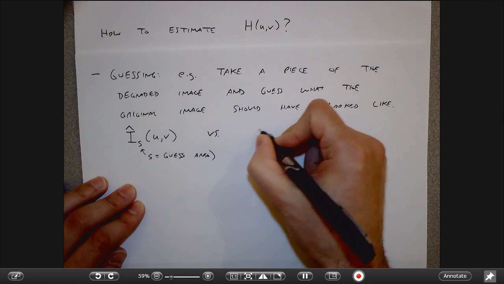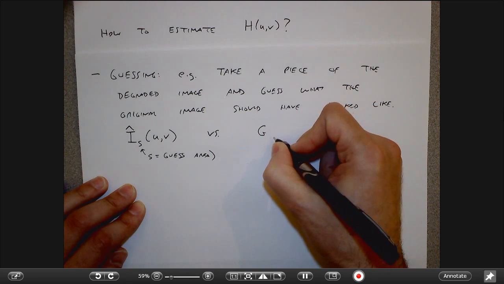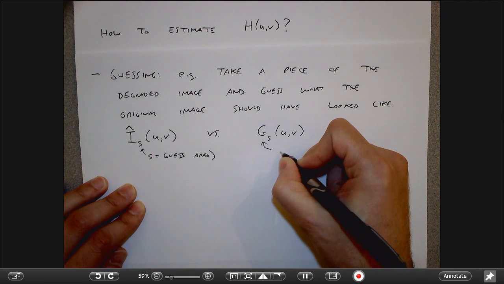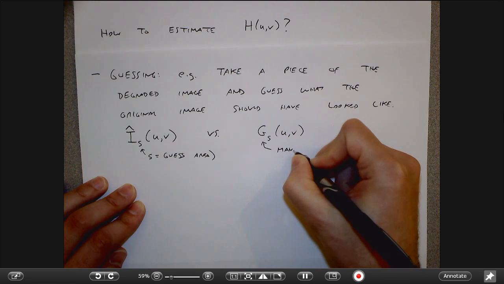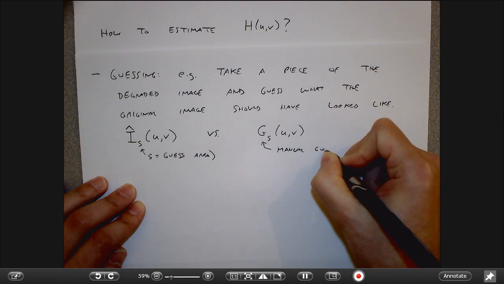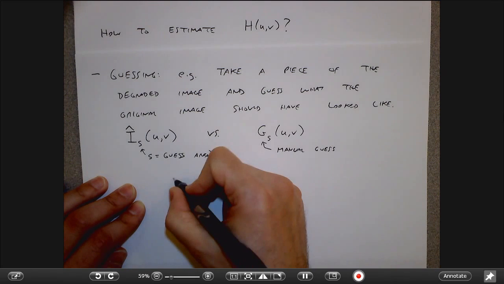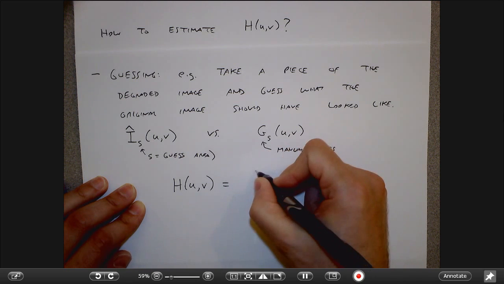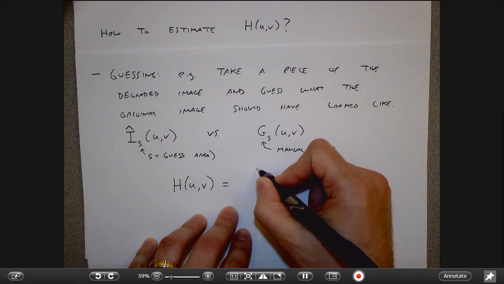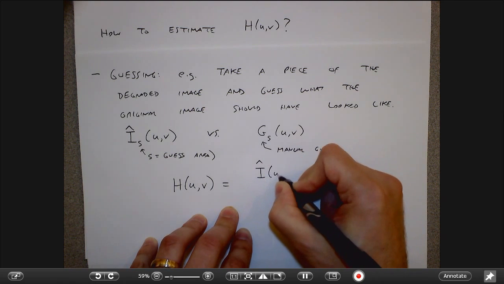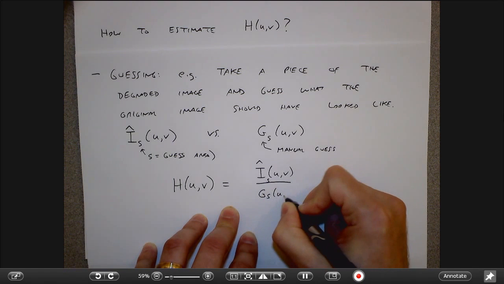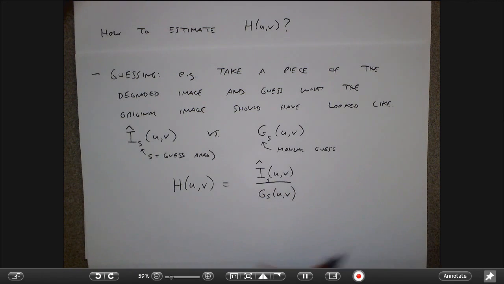So what I can do is I can say I'm going to look at the Fourier transform of that versus the Fourier transform of my manual guess. And I'm going to estimate that my overall blur in the Fourier domain is basically the corrupted thing over the guess that I have, right?